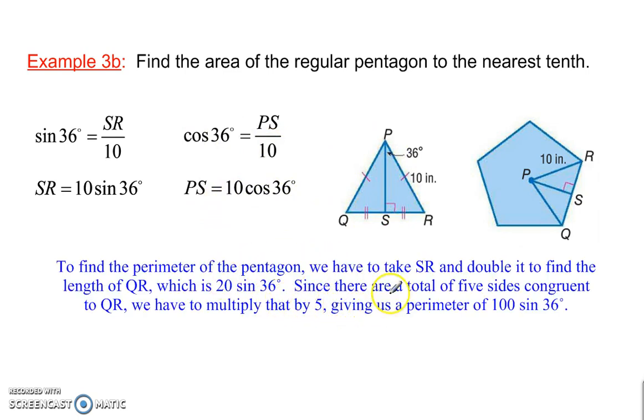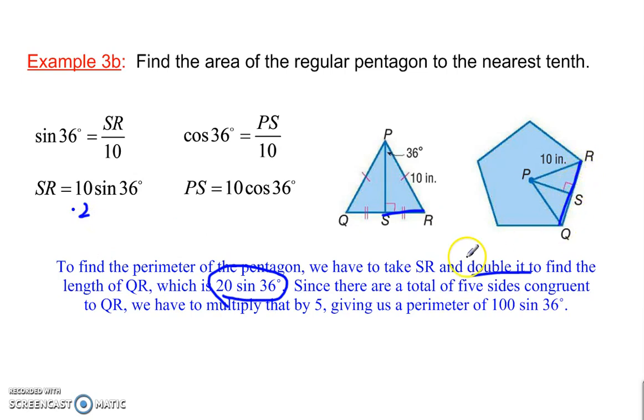Now, if we want to find the perimeter of the entire pentagon, we'll take SR, double it to find QR, and so that's 20, so we're doing this times 2. So then we get 20 sine 36.